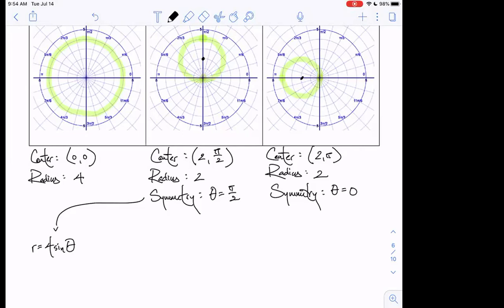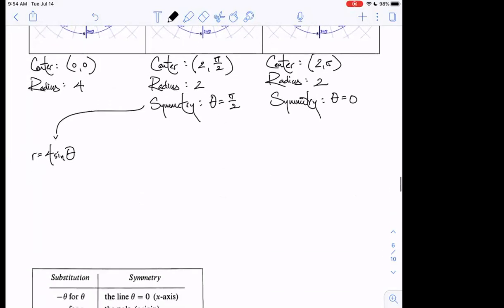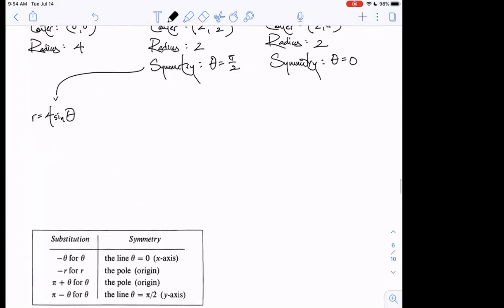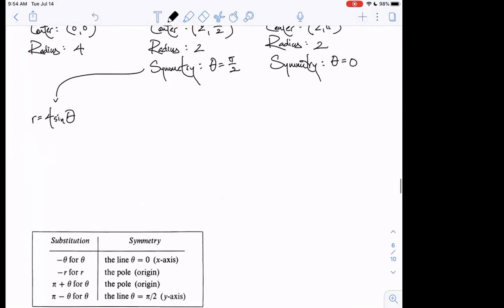If I wanted to think about things being symmetrical about that line, theta equals pi over 2, then we can substitute pi minus theta for theta. If there is that symmetry, we should be able to substitute that.